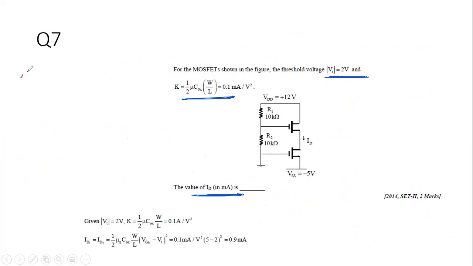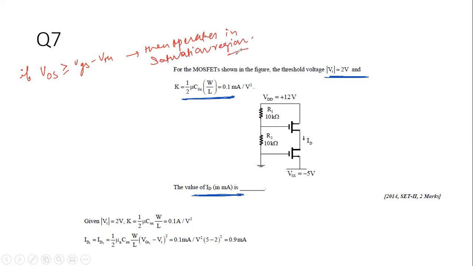If VDS is greater than or equal to VGS minus VTH, then it operates in saturation region. If VDS is less than VGS minus VTH, then it operates in linear region. It means it operates in saturation region, but you should check that.